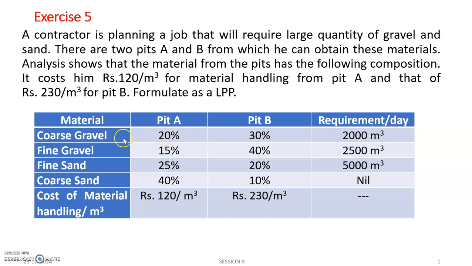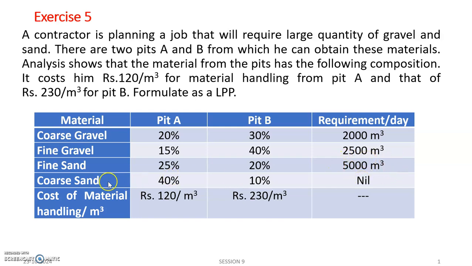He requires coarse gravel to be at least 2000 cubic meter, and fine gravel at least 2500 cubic meter. That means whatever soil he is excavating from these two pits should give him at least 2500 cubic meter of fine gravel. Similarly, the soil excavated from pits A and B should give him at least 5000 cubic meter of fine sand.